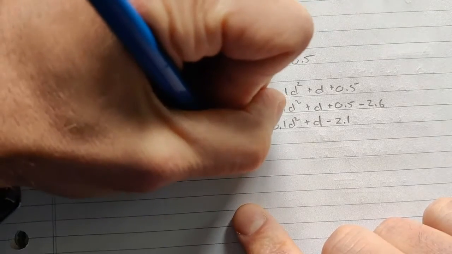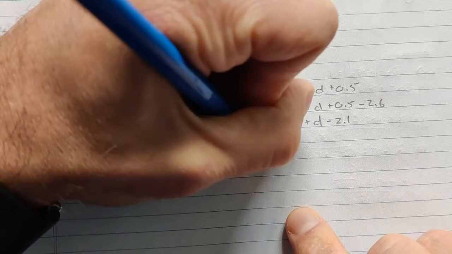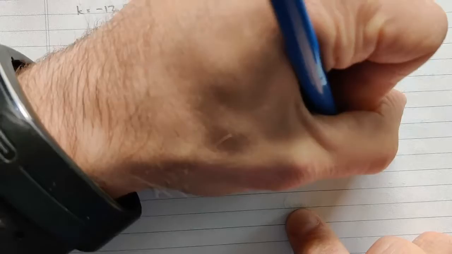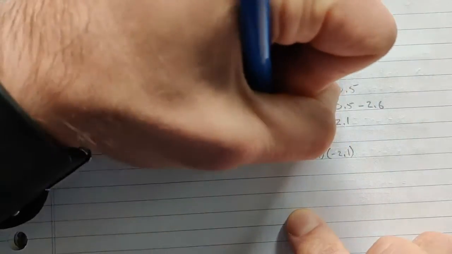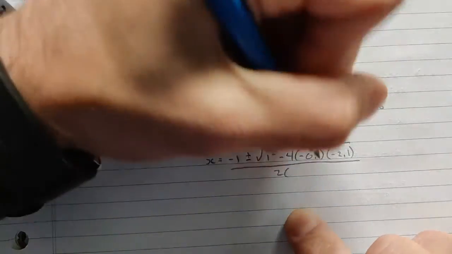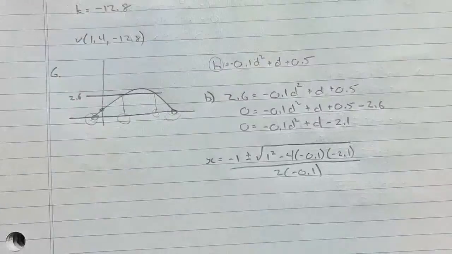x equals negative b, which is negative 1, plus or minus the square root of 1 squared minus 4 times a times c, all over 2 times our a value.